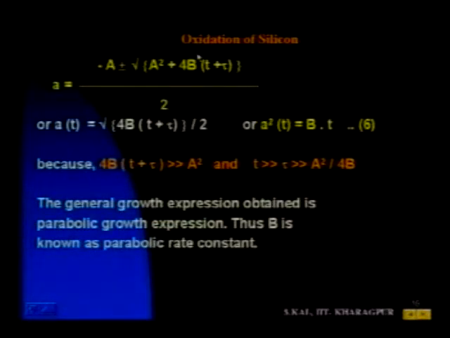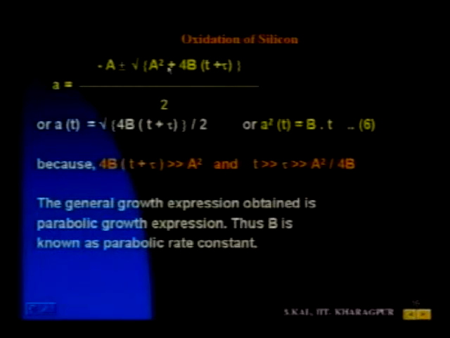In that condition, the term 4B into T plus tau is very large compared to A square. If so, you can neglect A square. Again, this A term is also very small compared to the other. So approximately, if you square it, A square of T is equal to B into T, because T plus tau we can replace by T only.